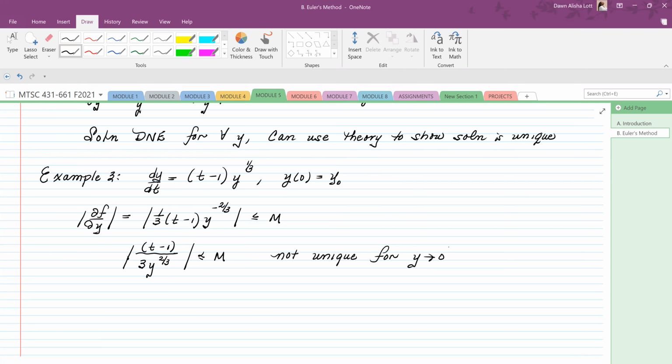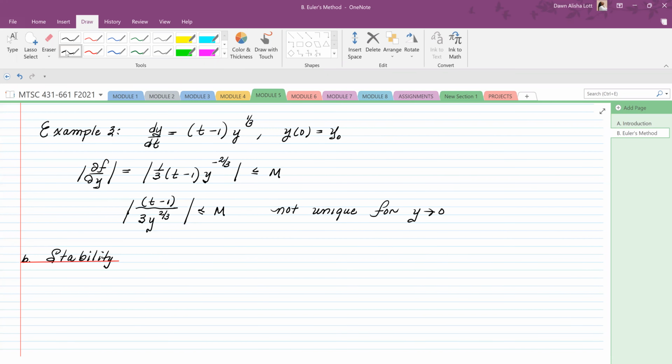All right. So let's look at stability. Stability says, let's suppose we take the initial value problem and we perturb it just a little tiny bit. Does our solution change just by a little tiny bit, or does our solution change drastically?